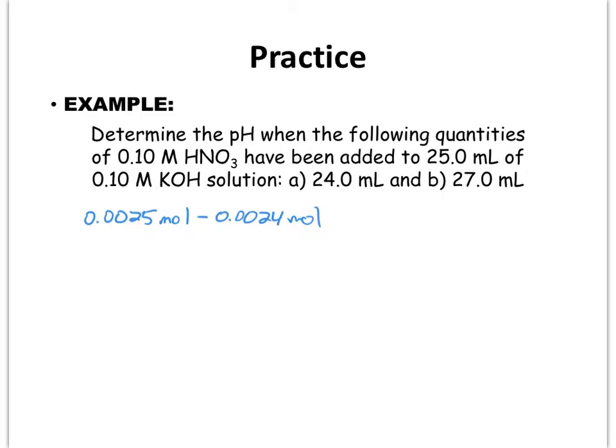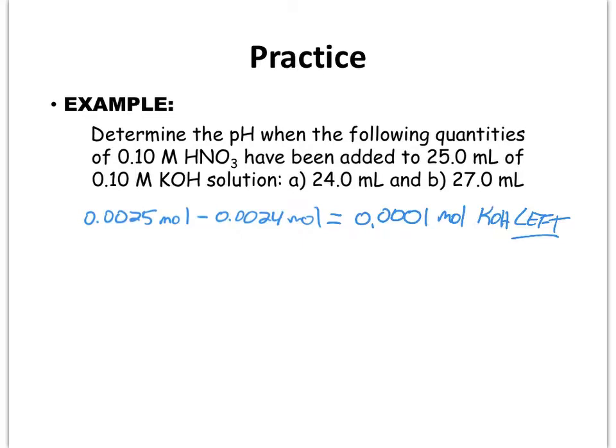Essentially what's happening is the base is destroying that acid. We haven't reached the equivalence point yet, so the base is essentially still winning out. So when this reaction is said and done, I have 0.0001 moles of the base, the KOH, still left over. Okay, because I didn't add enough acid yet to neutralize all of the base that was present.